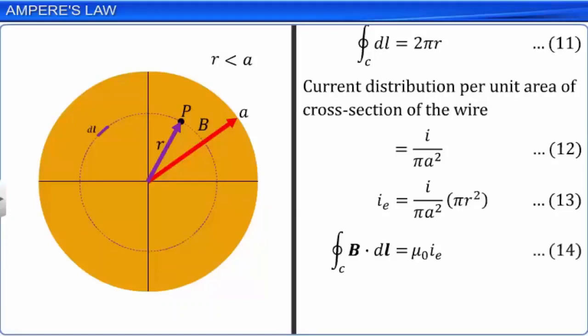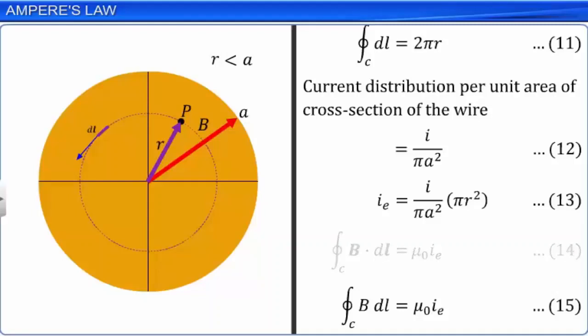Since the magnetic field at any point on the Amperian loop is in the direction of the tangent to the Amperian loop at that point, B dot dl can be written as B dl. Then, equation 14 can be written as integral over the closed curve C B dl is equal to mu naught IE. Let this be equation 15. The magnetic induction at every point on the Amperian loop is constant.